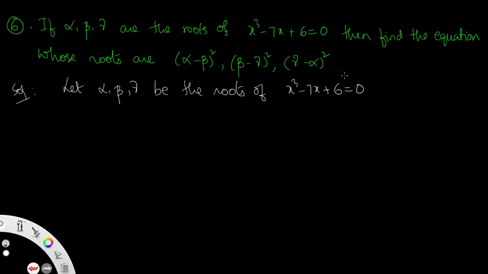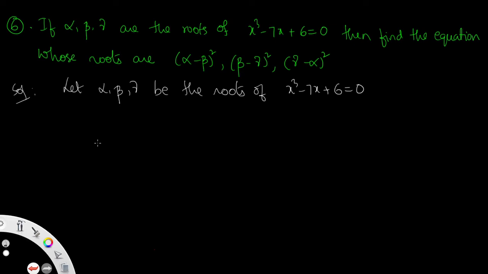We have to find out the three roots. To get any one of the roots, the simplest method is the trial and error method. If a value satisfies the equation, then that is one of the roots.